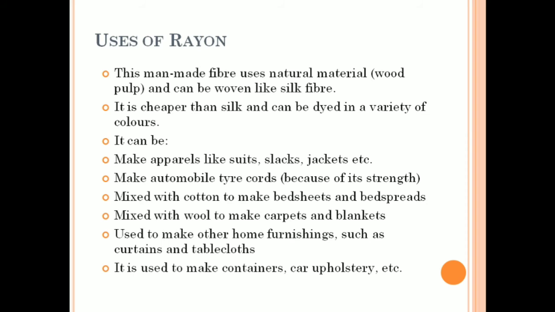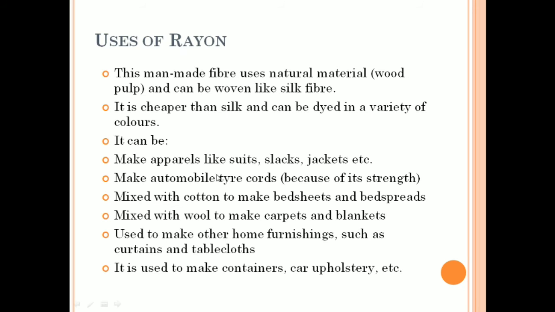These are the characteristics of rayon. Rayon was developed to replace silk because it has a similar texture, shine and beauty like silk, but it is relatively cheaper. This is why rayon is manufactured.